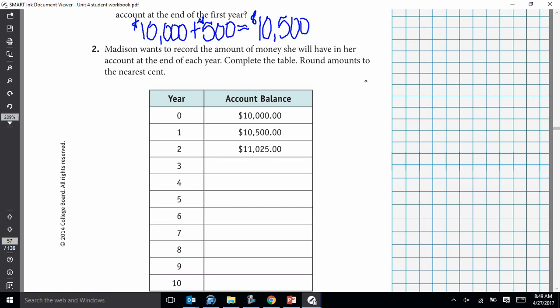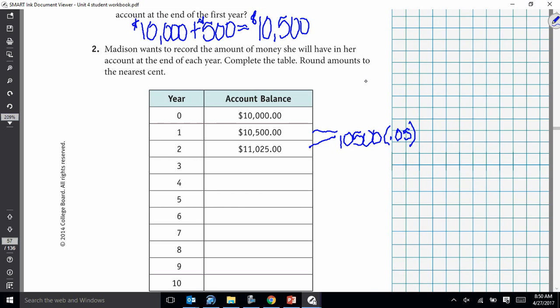So what are we doing each year? Well, in her account, the interest is 5%. So to get this amount, we took 10,500 and we multiplied by the 5%.